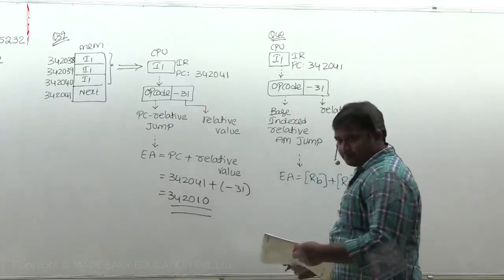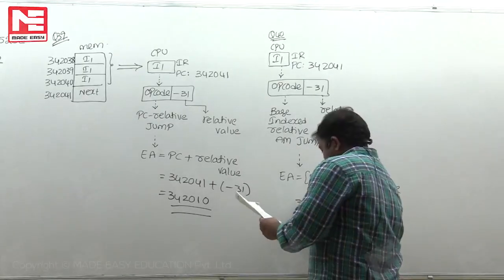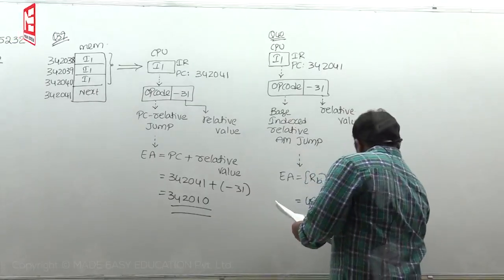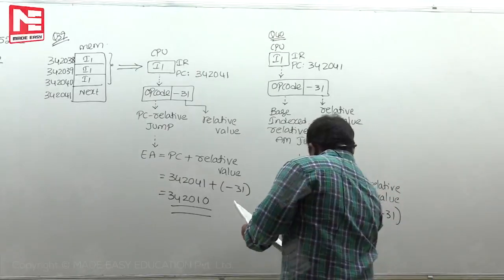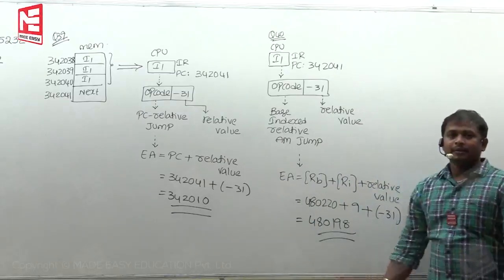Is it clear? Base register plus index register plus relative value. So the base register contains 480220. The index register contains 9. Relative value minus 31. Now compute this: 480198. This is the effective address.